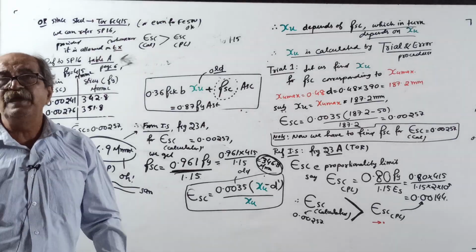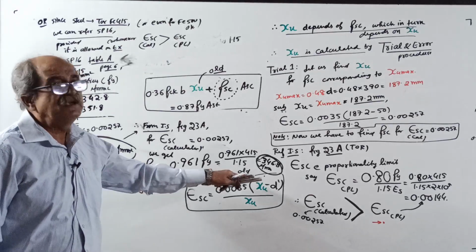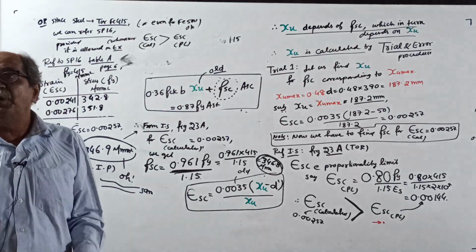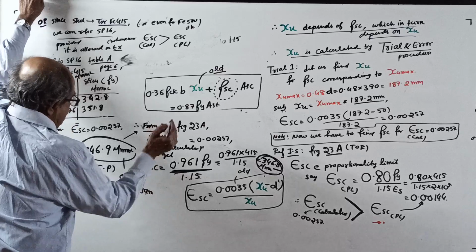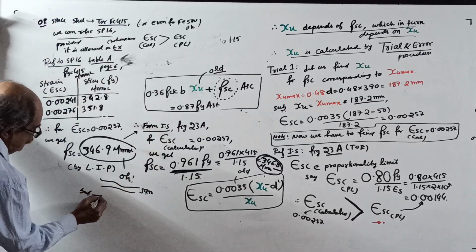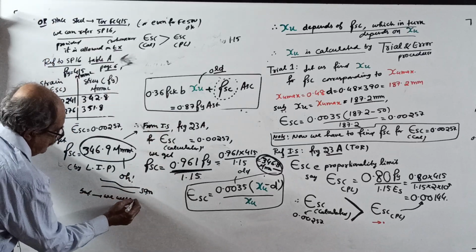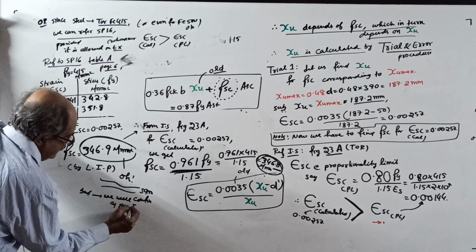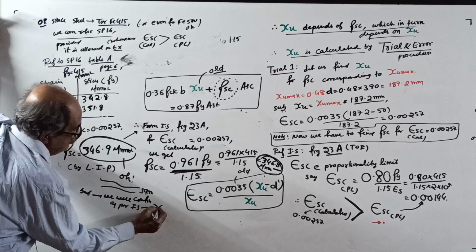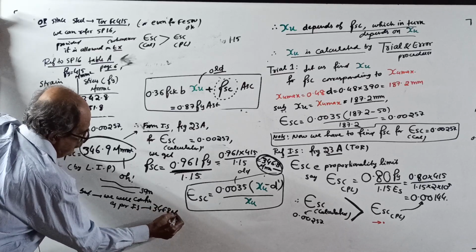So from now onwards, I will continue with the IS code so that it is useful for students. Therefore I will take, as per the IS code, the value of 346.8 Newton per mm square.